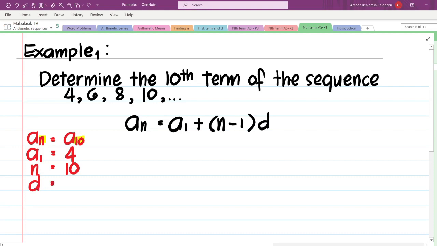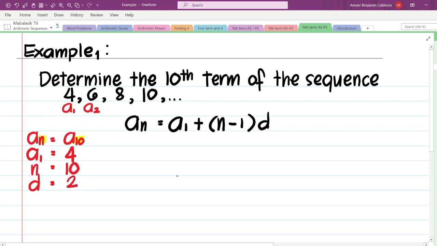So the common difference is the difference between any two consecutive terms. So you just take any term and then subtract the previous term, and that is the common difference. Most of the time, normally, we just take a sub 2 and subtract a sub 1 from that. So that is going to be 6 minus 4, which is 2.